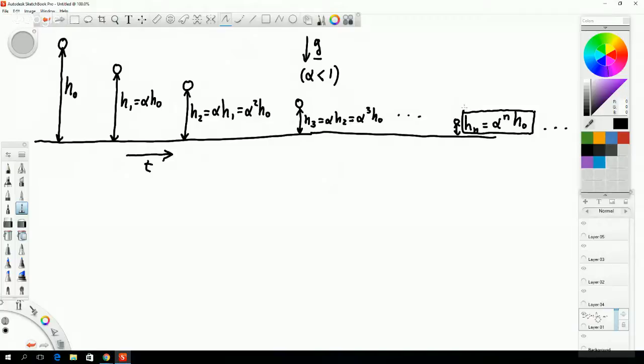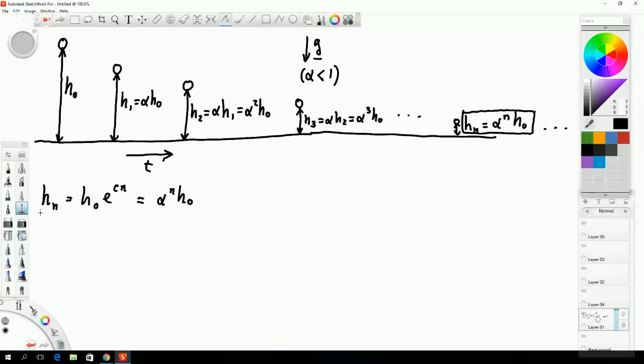So we already have obtained this expression, but we're being told that we should be rewriting this into this alternative form, where we have instead h0 times e to the cn. Okay, so we need to find a way for this to be equal to what we know for sure, which is alpha to the n h0.